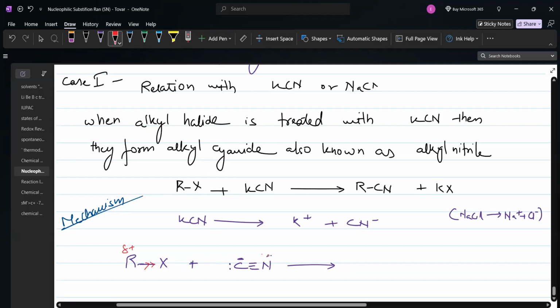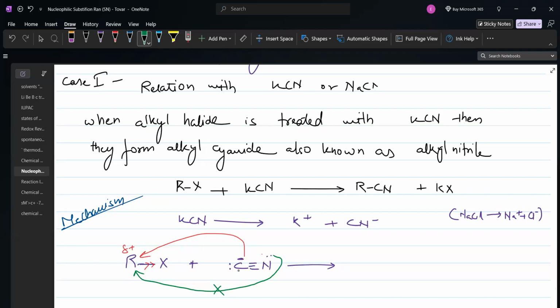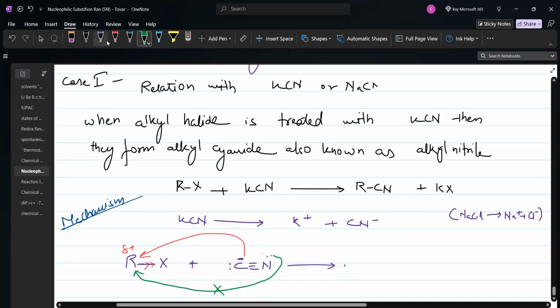So this carbon of cyanide attacks on this alkyl group. There is another option also: the nitrogen lone pair can also attack on this R, but this is not happening here, because here the alkyl group makes a bond with carbon, and carbon-carbon bond is very strong.